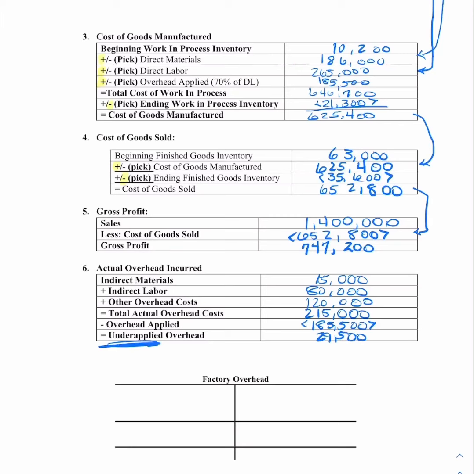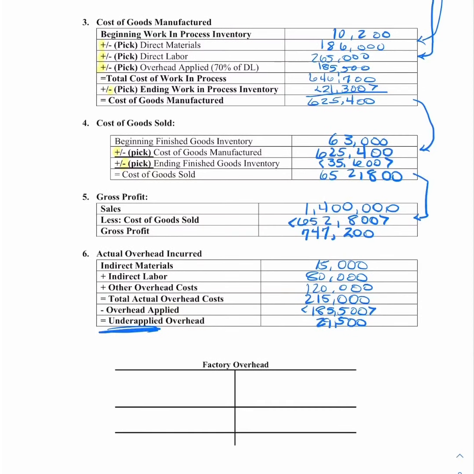So to see this in T account format, we just threw this down here at the bottom, so maybe a visual depiction will help you better understand exactly what's happening. On the left side, we've got indirect materials, $15,000. Indirect labor, $80,000. And other overhead for $120,000.